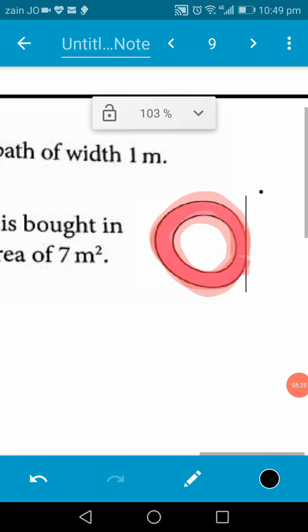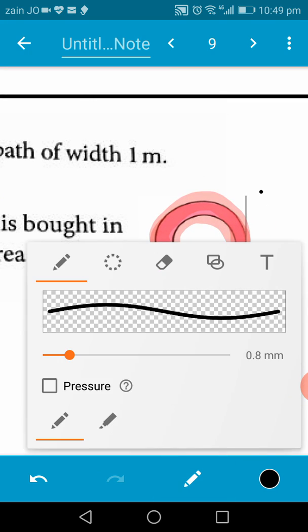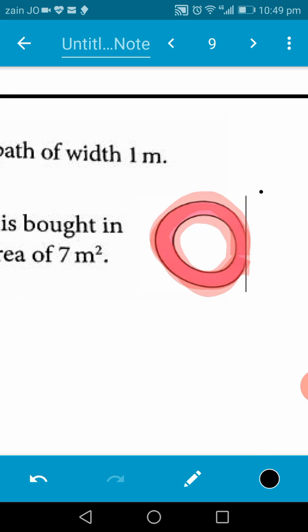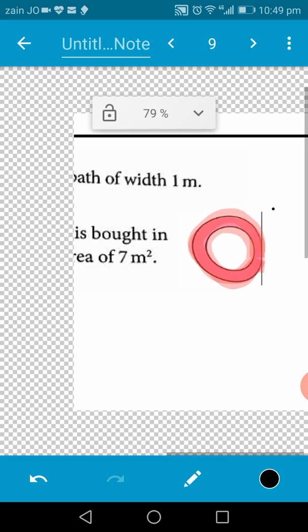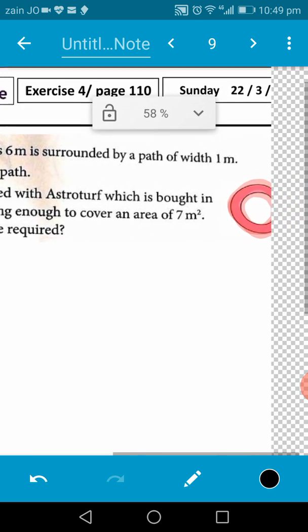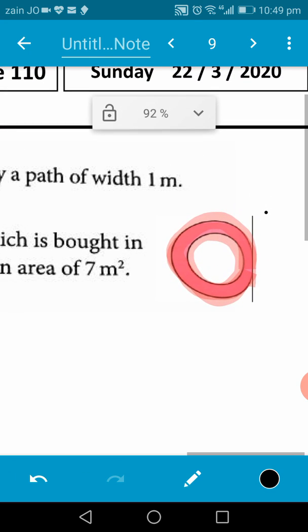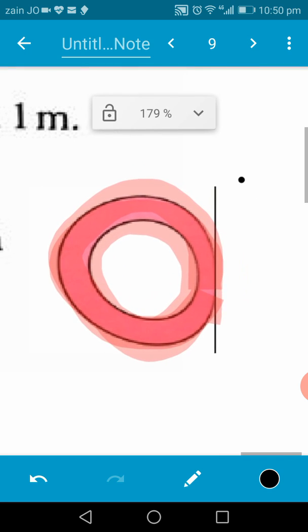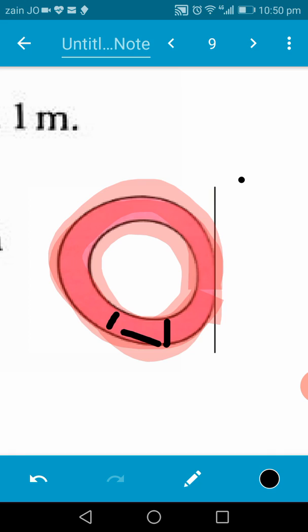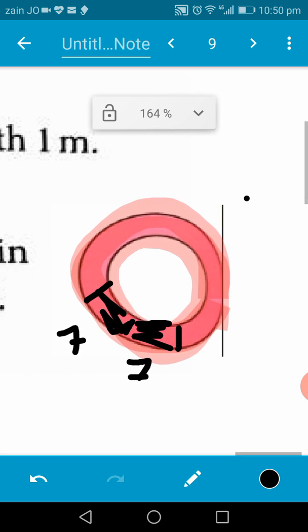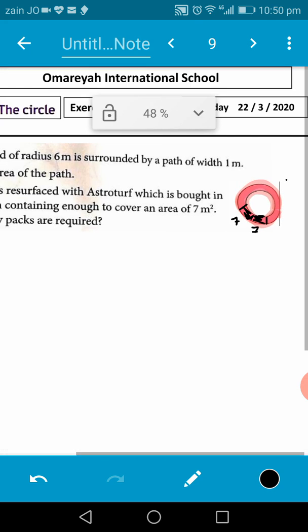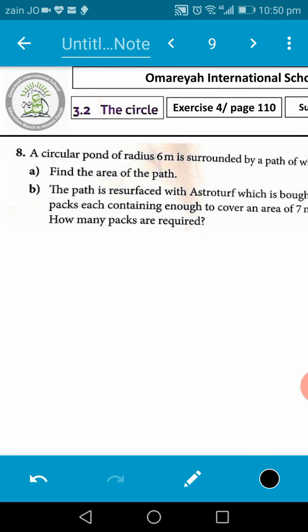Teacher, as we said, each pack is enough to cover 7 meters squared. For example, one pack can cover this area, 7 meters squared, and this area, 7 meters squared. Each pack is enough to cover 7 meters squared. How many packs are required?